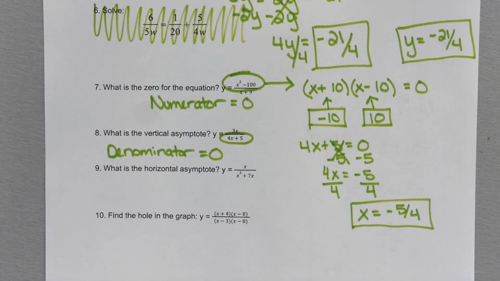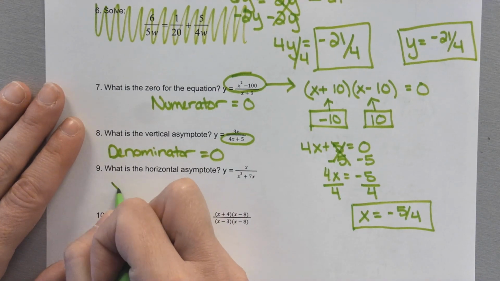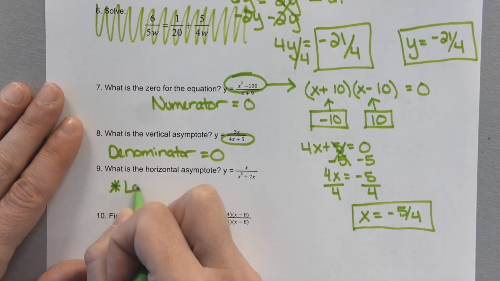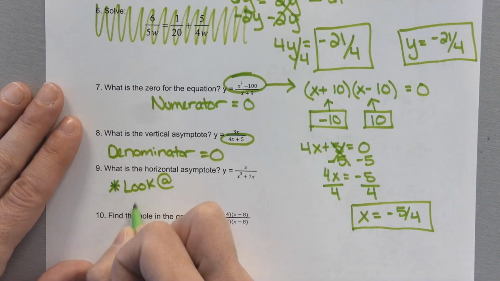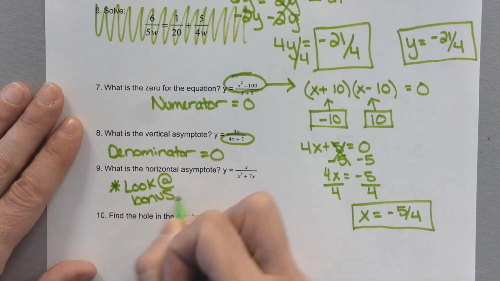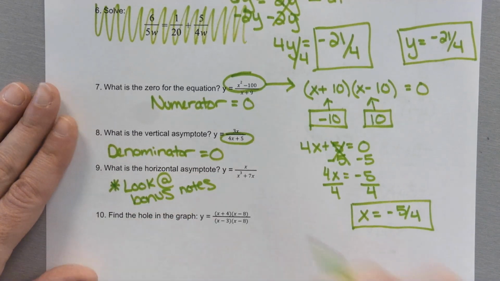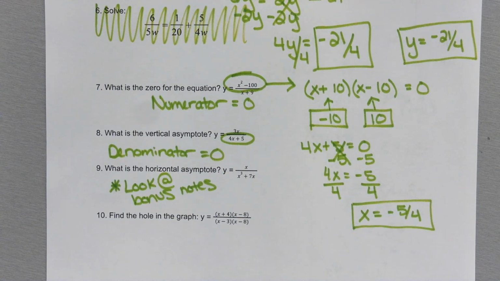All right, so this one, I would write myself a note to say, look at your bonus notes. Because, do you remember we had those 3 rules? The first rule said, if the degree of the numerator is bigger, then there's no horizontal asymptote. So let's check and see if that's true. What's the degree of my numerator? 1. What's the degree of my denominator? 3.